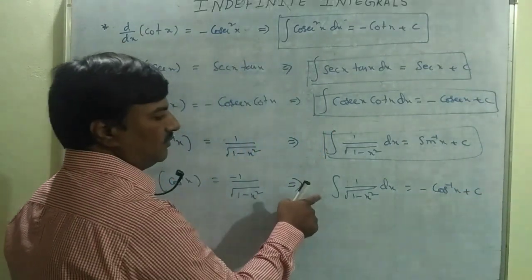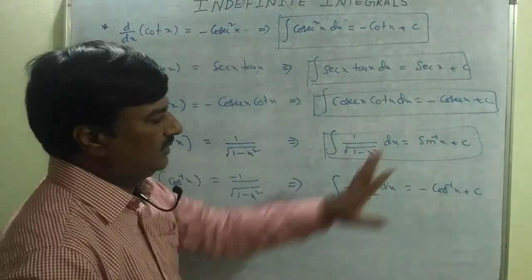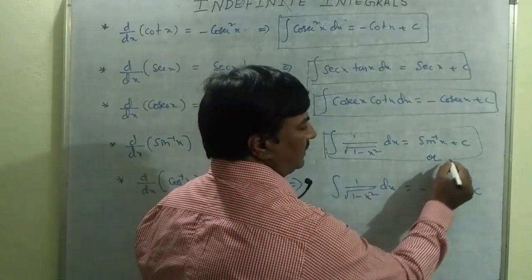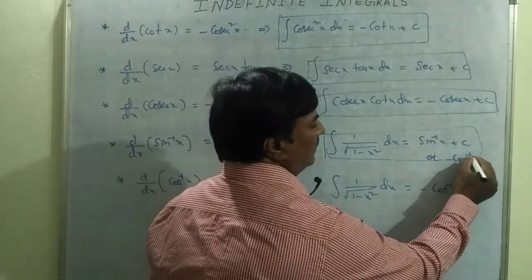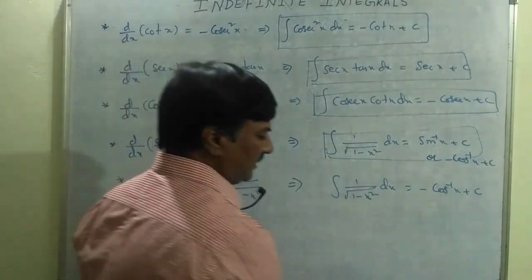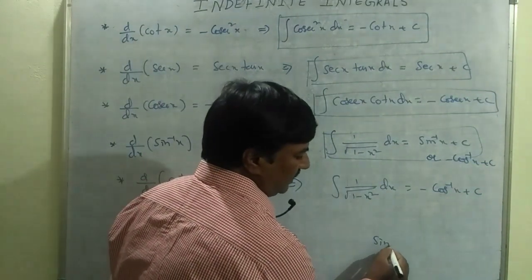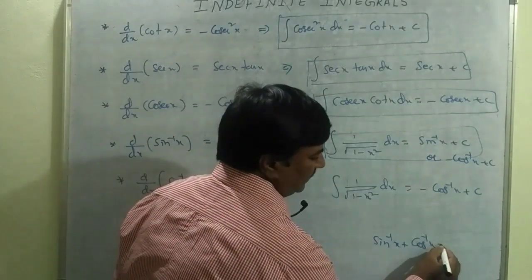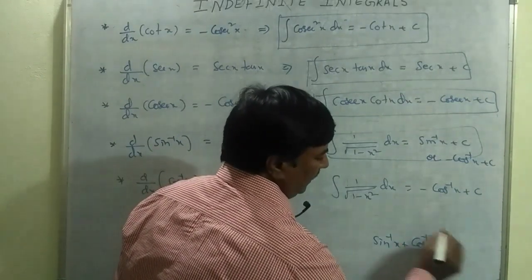See, we are getting these two formulas for the same function. This we can derive in another method also: in inverse trigonometry, sine inverse x plus cos inverse of x is equal to pi by 2.